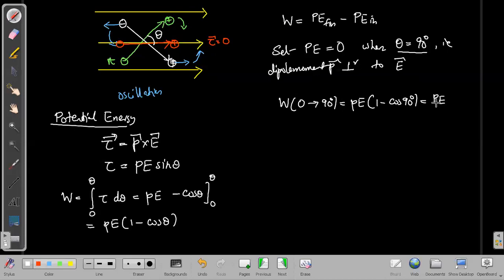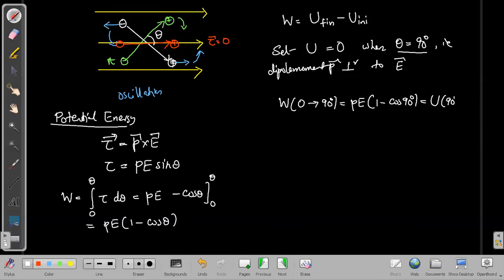But since I am already using P and E for the dipole moment and the electric field, for the potential energy I better choose some other term. I can put U. So set U equal to 0 when theta equals 90 degrees.